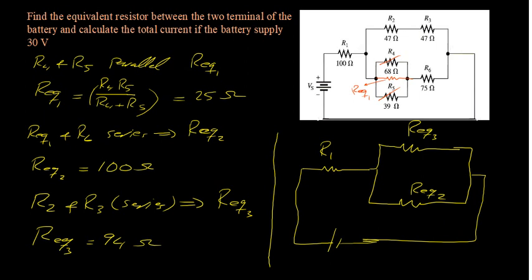So now we need to find the equivalent of R equivalent 3 and 2 because they are connected in parallel. So I can write down here R equivalent 2 and R equivalent 3. They are parallel, and their outcome, I will name it as R equivalent 4.